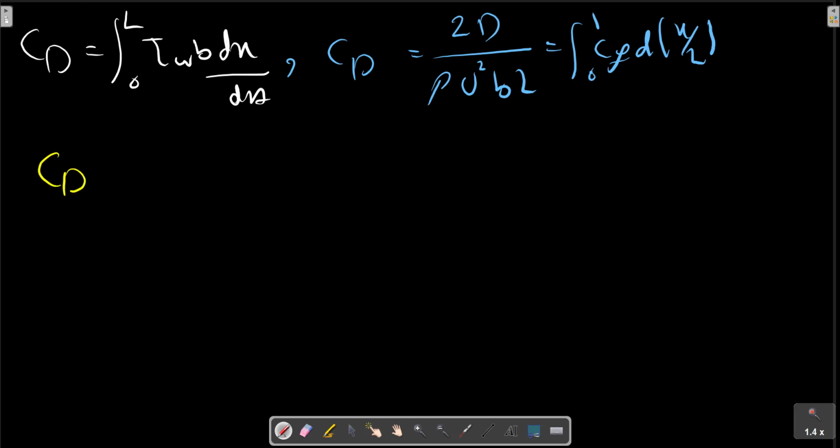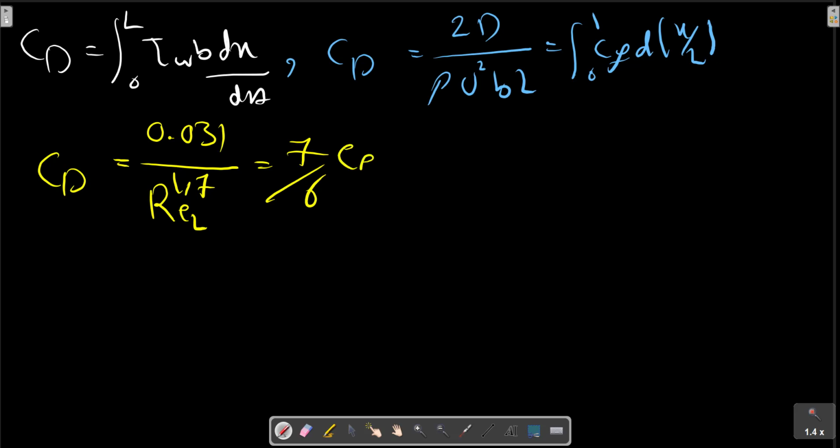So we can write 6/7 CF. The drag coefficient is only 16% greater than the trailing edge skin friction coefficient.